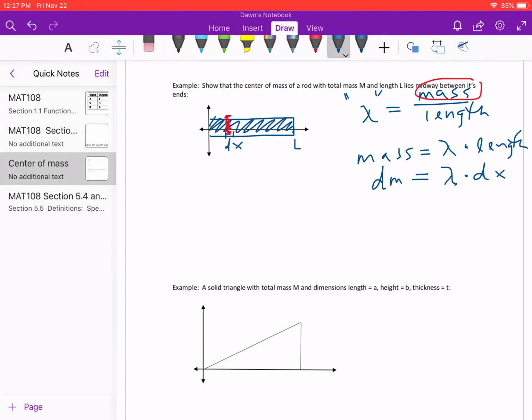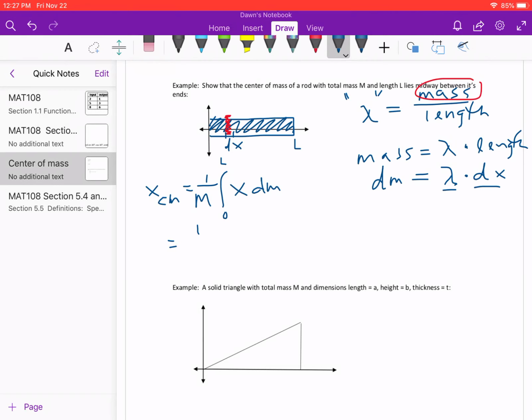And so here we go. My formula says the x center of mass is equal to 1 over big capital M times the integral, in this case from 0 to L, of x times dm. We know that a little piece of mass along that one-dimensional bar is going to be the linear mass density times the width, so I can substitute that in.